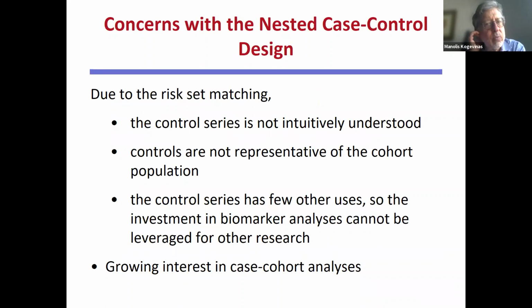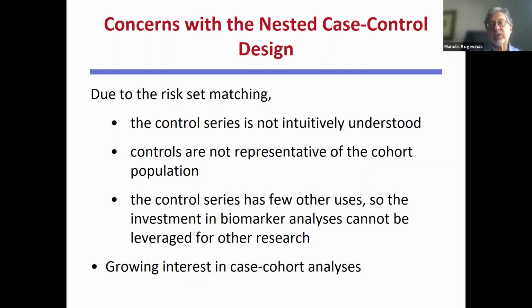The concerns with the nested case control design are that outside epidemiologists, nobody understands person years and this type of sampling. So sometimes it's difficult to explain how you got your controls, but that's a minor thing. The controls are not representative of the cohort population because they are selected on the basis of the cases.